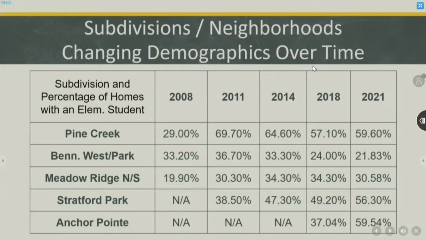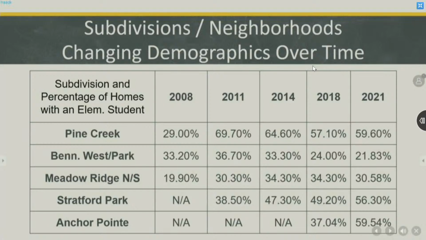That is everything west of 156th Street. Bennington East, everything east of 156th Street. When we look at those neighborhoods, Pine Creek, I know because our family was the first home in Pine Creek, started in 2004.